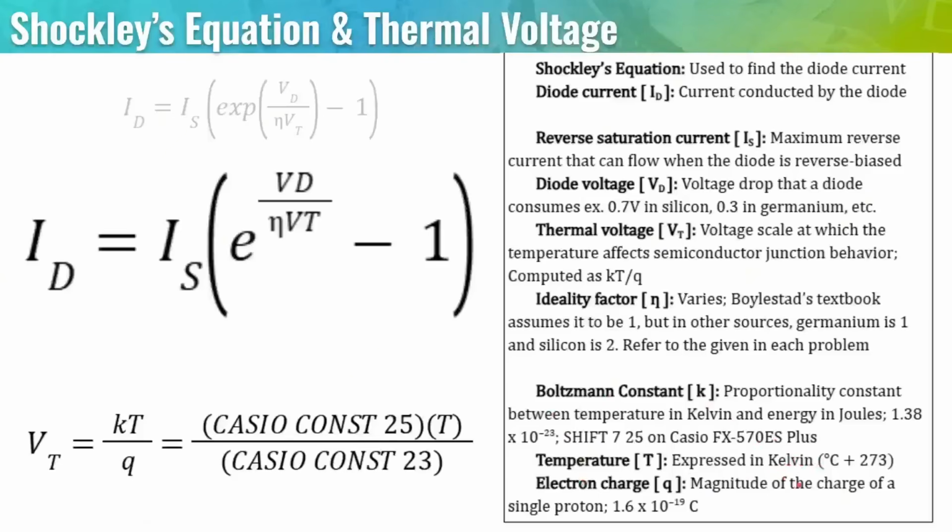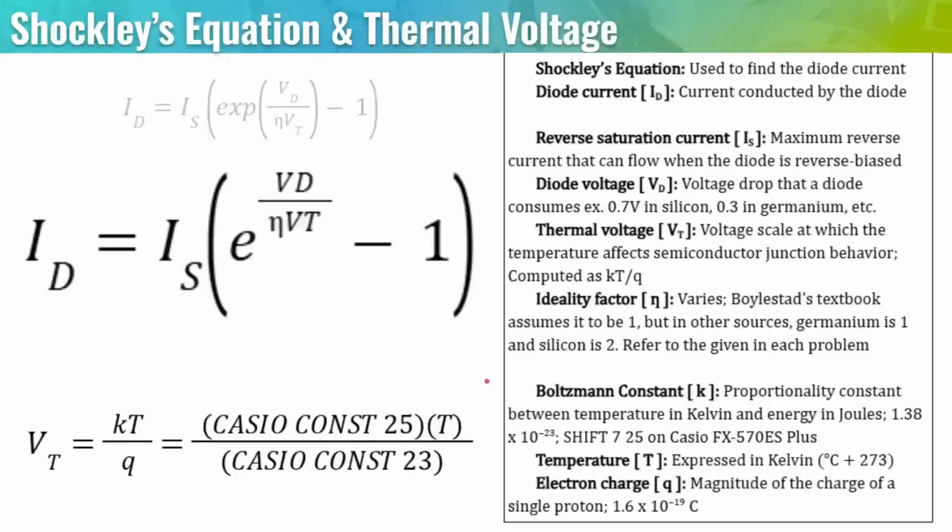And lastly, we have the electron charge. It's the magnitude of the charge of a single electron, which is 1.60 times 10 raised to negative 19 coulombs. On your calculator, it may be accessible by shift 7 23.